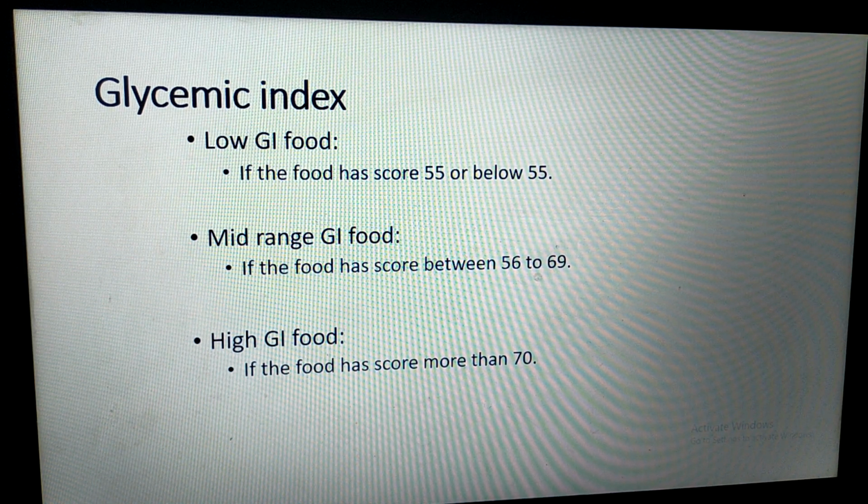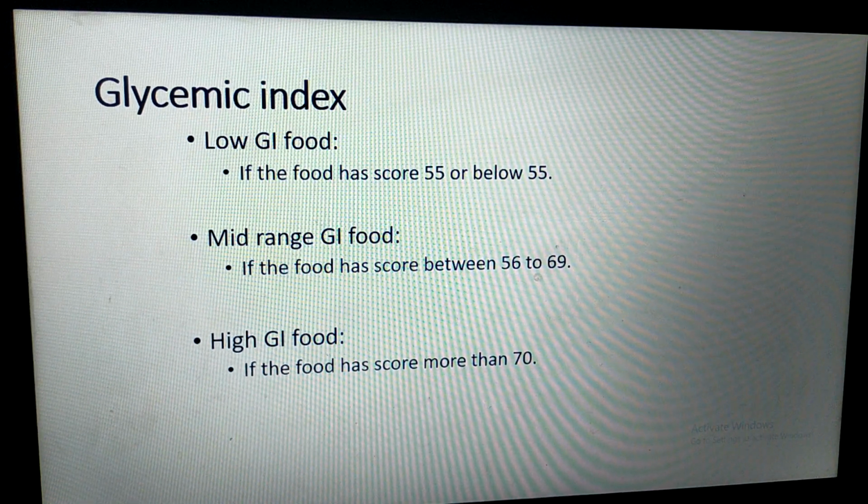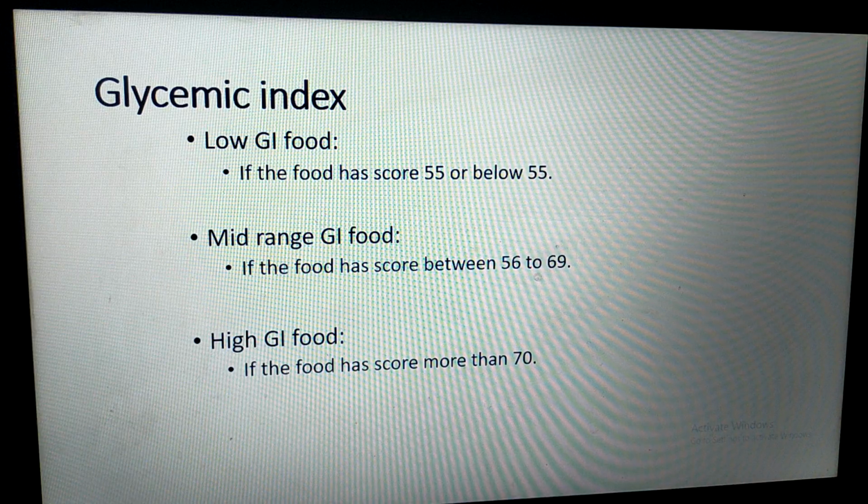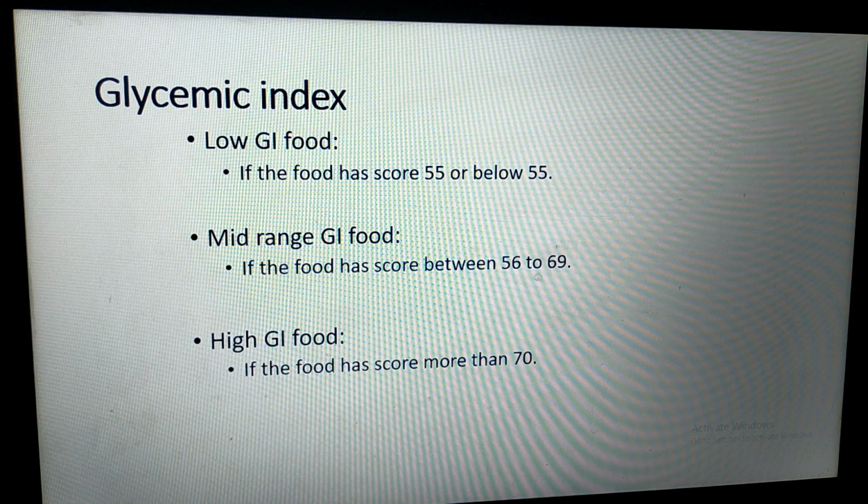Low glycemic index food means that, after calculation using the formula in the previous slide that we have studied, if you get a score of 55 or below for a test meal, then you call that food a food of low glycemic index.